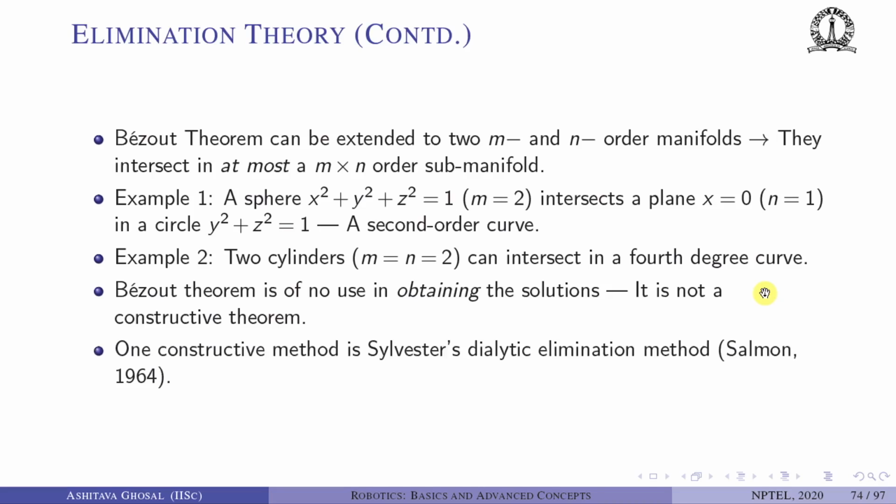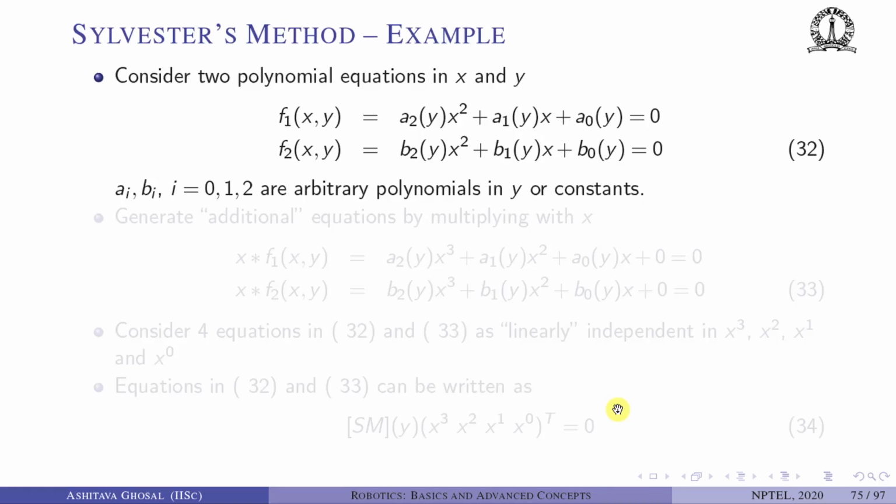One constructive method is given by Sylvester. It is available in this book by Salmon from 1964, but this was developed in the 1800s. It is called Sylvester's dialytic elimination method, and I want to show this in a little detail, through an example first.